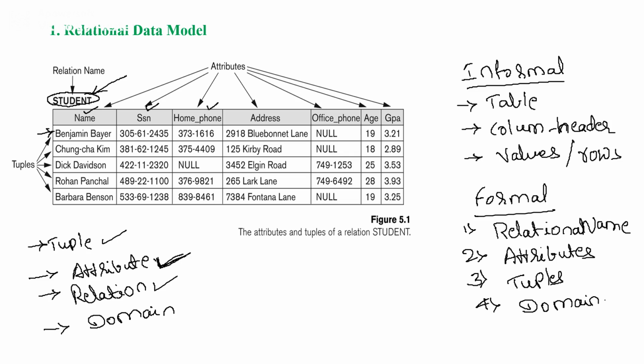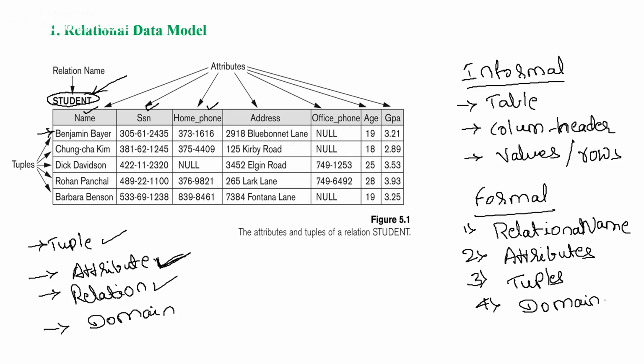These are all the description of that particular student, or description value of that particular student, that we are calling it as an attribute. The description of a relation we can also call it as attribute. The relation is nothing but the table name itself, we are calling it as a relation name or relation.